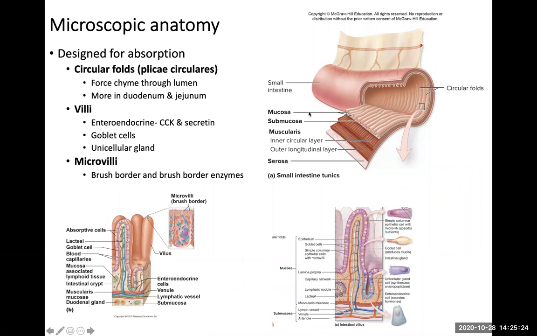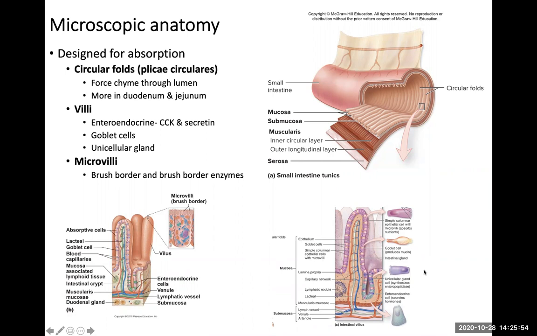And then if we take a little bit closer look, or we pan in, we see that the mucosa itself is made up of what we call villi. Within the villi themselves, I'll talk about these in a moment, we're going to find the enteroendocrine cells, which are the cells in the context of the small intestine that secrete cholecystokinin and secretin, goblet cells that secrete mucin, which becomes mucus.